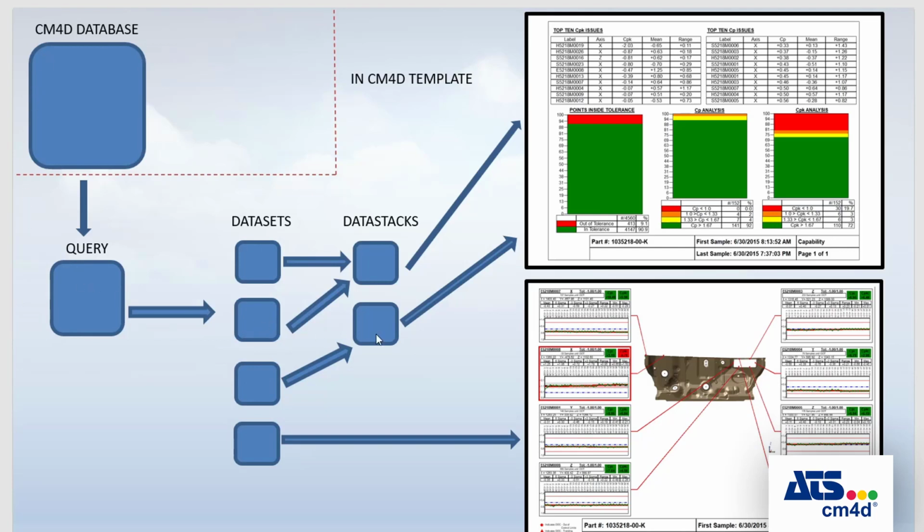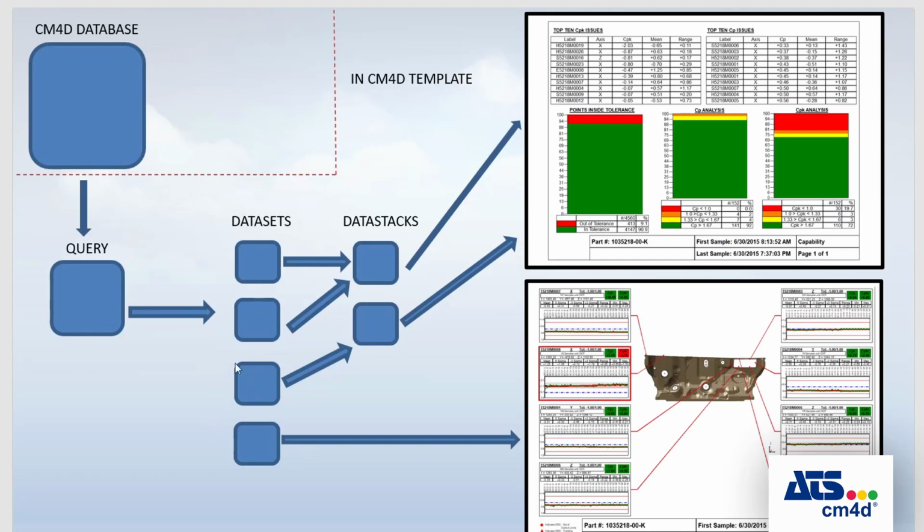So in CM4D Classic, when you're developing a report, you would first create something called a query. The query is an object that allows you to contain or hold one or more routines that come from the CM4D database. Once you've made your query and you have at least one routine contained within it, you can then go on to create what are known as data sets.